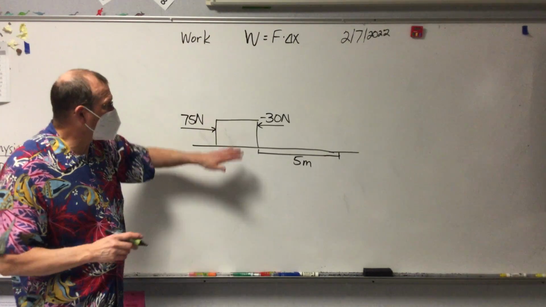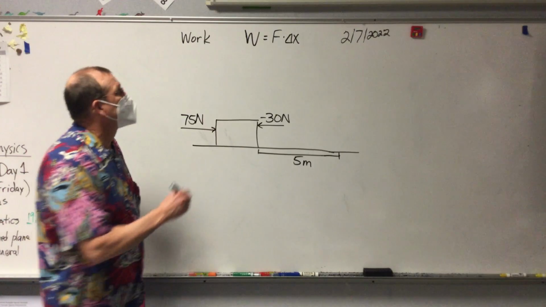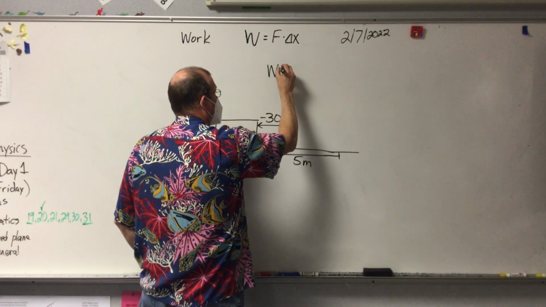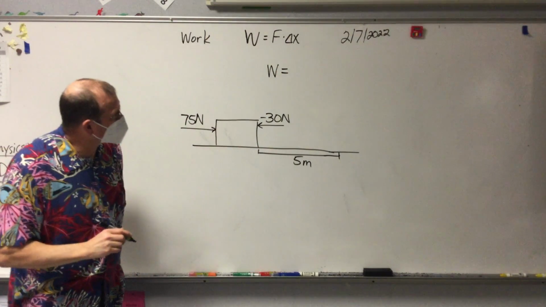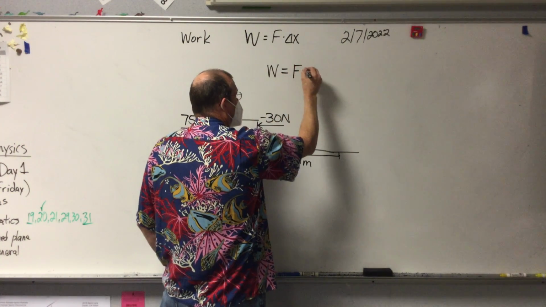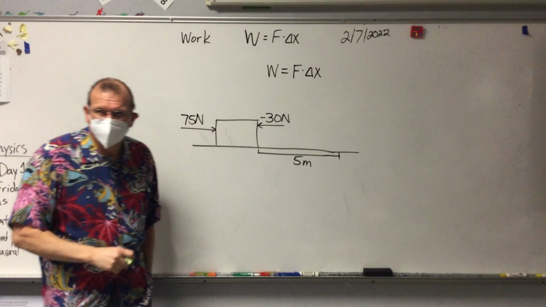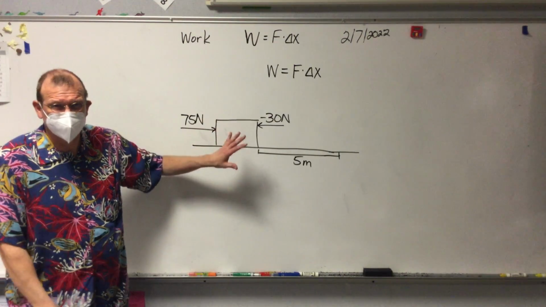So the question is, how much work do we do? So our work is still going to be F times delta X, but this is where we're going to have a little bit of a discussion because there are multiple perspectives on this problem.